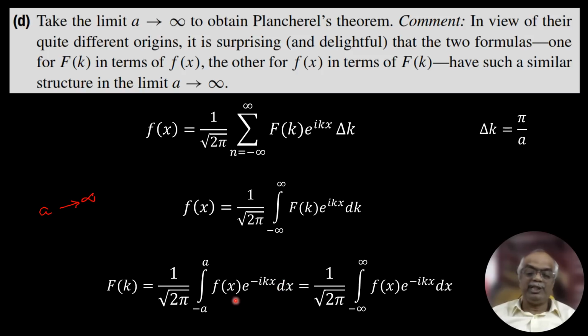It will be continuous, and also based on the periodicity, that is, if you take a sine wave, after a wavelength its structure gets repeated, so it will go up to infinite. When a is very large, this limit will become minus infinite to plus infinite. So here you can see F of k in terms of f of x, and here f of x in terms of F of k.